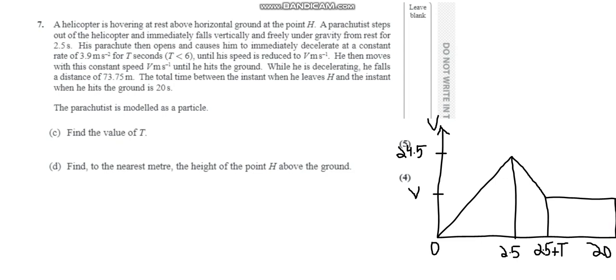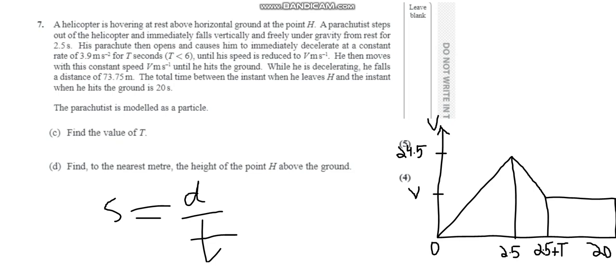Now, to find the value of t, we can look at a very prominent formula, which is speed equal to d upon t. We know our speed and we have to find the t.